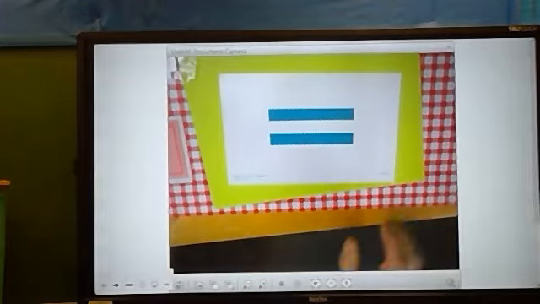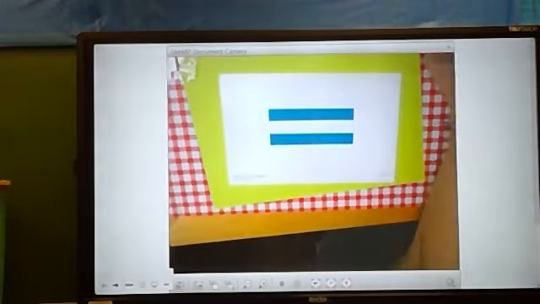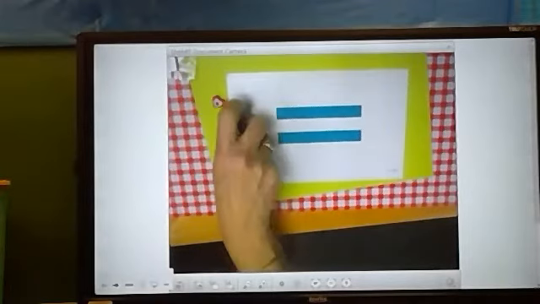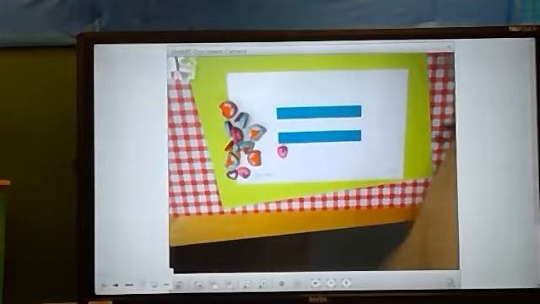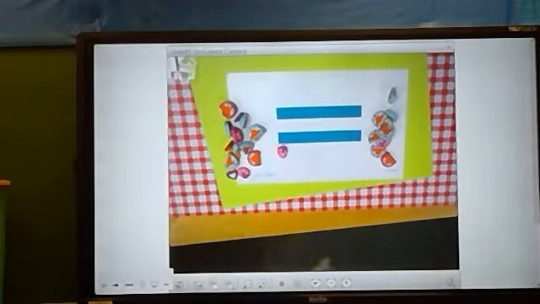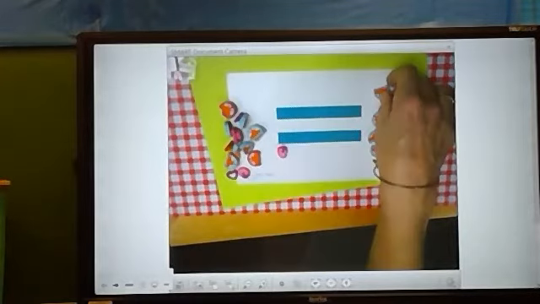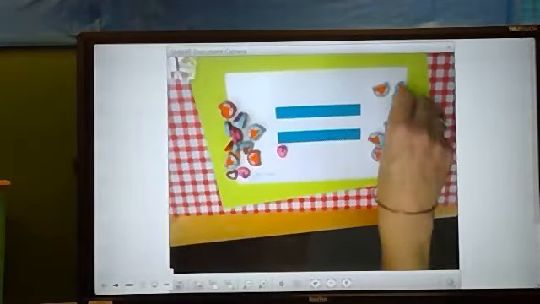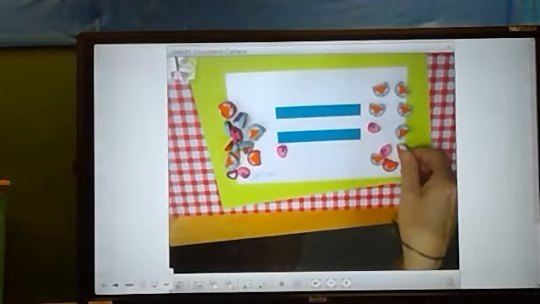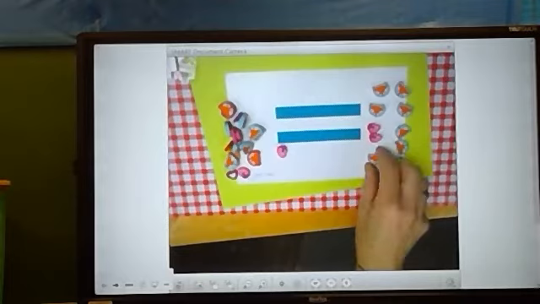So if I grab a set of my little counters on one side and on the other side, looking at it, it doesn't look to me like they're equal. It doesn't look like they're balanced. Let's see. We have 1, 2, 3, 4, 5, 6, 7, 8, 9, 10.